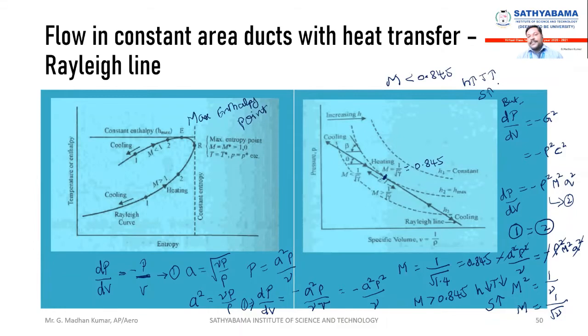So as the temperature or enthalpy drops, we have droplet formation, and it goes up to M equal to 1 and does not go beyond Mach number 1. So this is the fact behind the Rayleigh flow. Now we are going to solve the Rayleigh flow equations with the help of some basic equations.